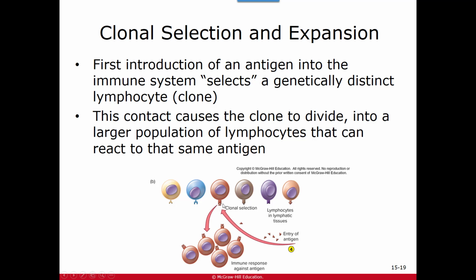And as soon as it attaches, it forms clones of itself. Usually never just one antigen gets in the body. It's usually thousands, if not millions, of a particular microbe. So when one cell recognizes that foreign antigen, it wants a nice strong army, and so it's going to create clones of itself.